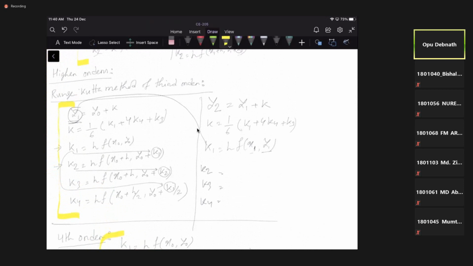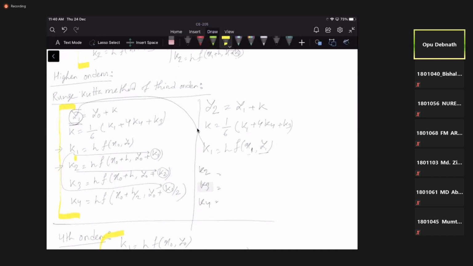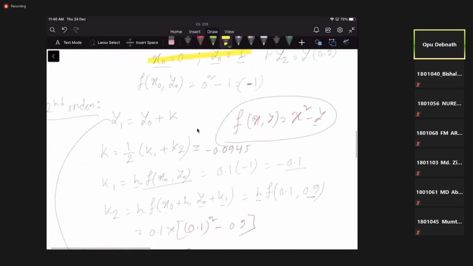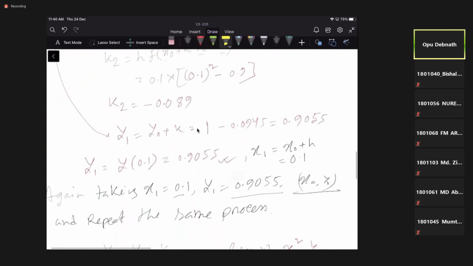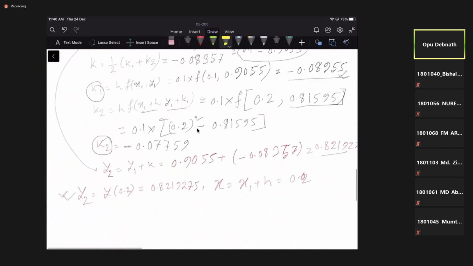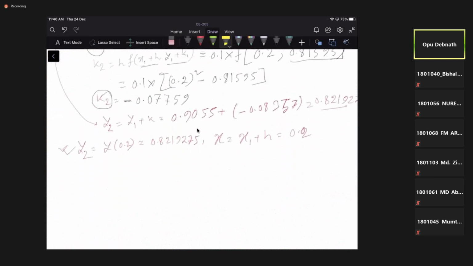If I go to solve the third order, you will use this equation for k1 and the following steps. I think the third order and fourth order methods you should try at home. This is your homework.